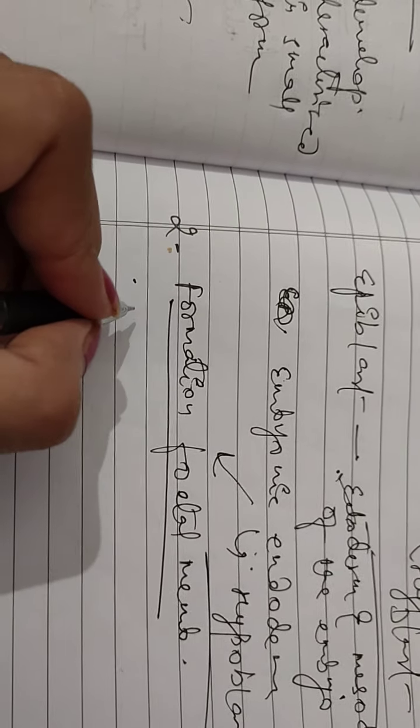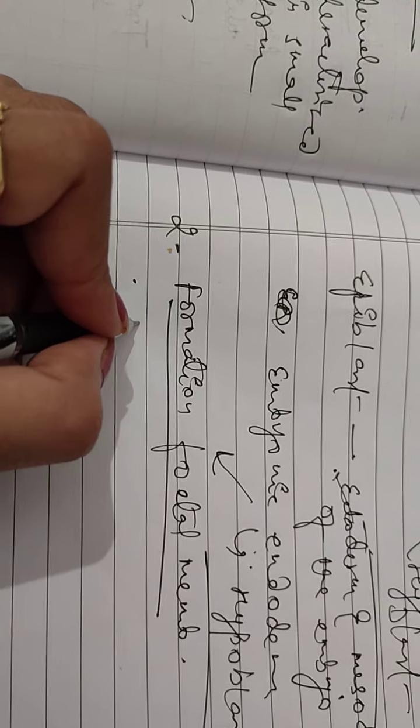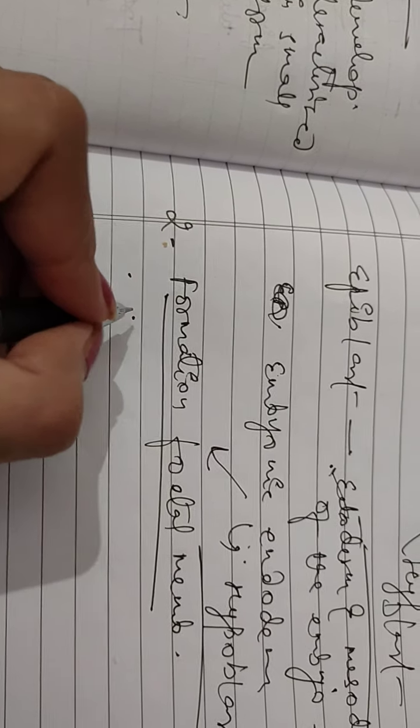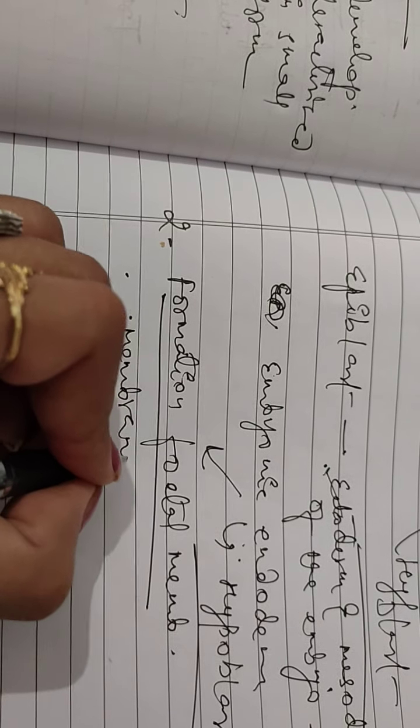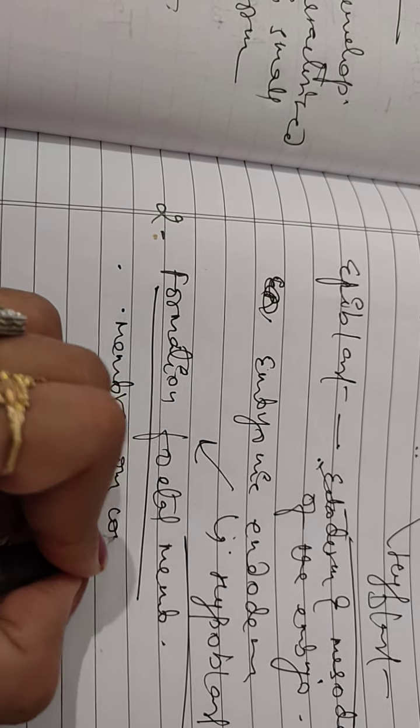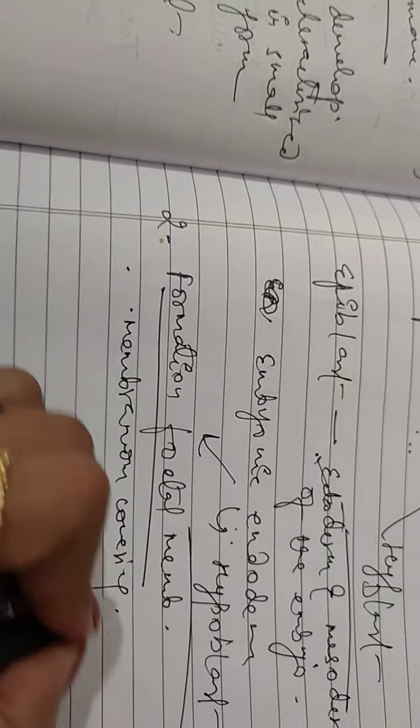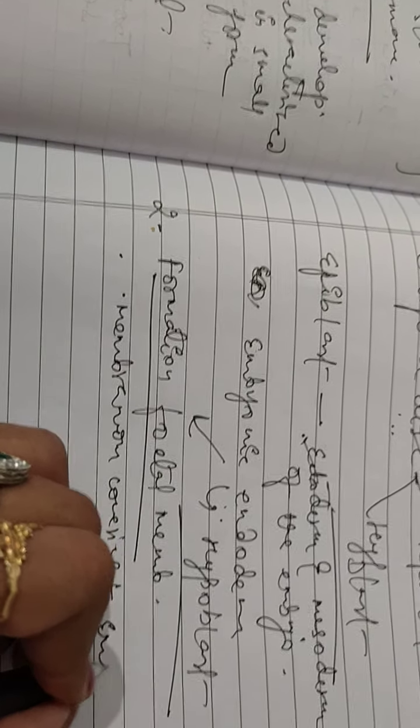Fetal membranes are the membranous coverings and sacs which are connected to the embryo.